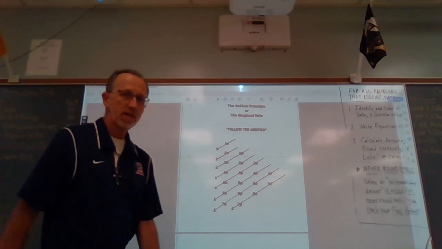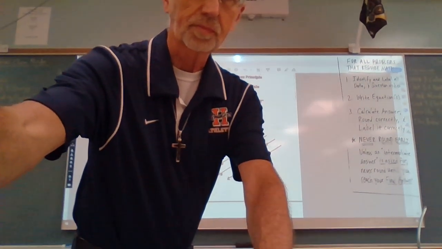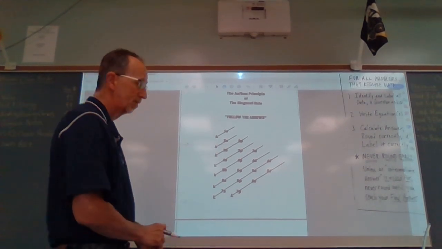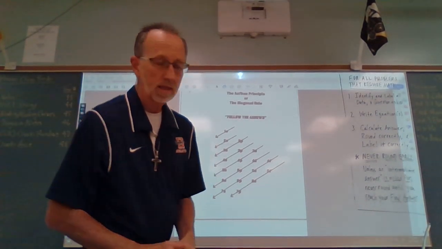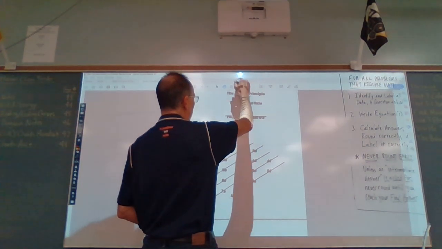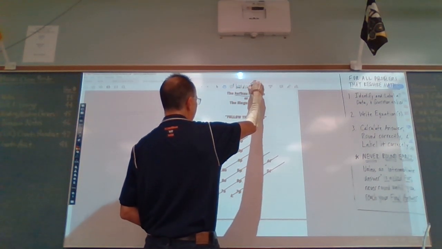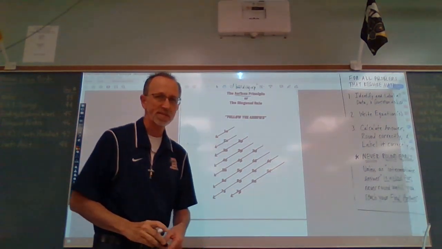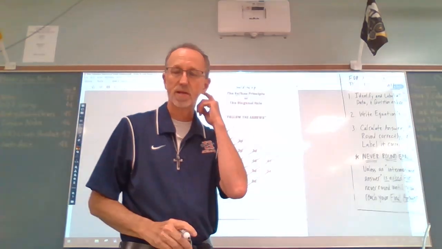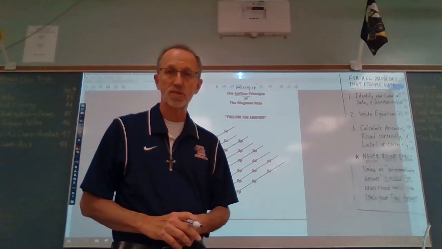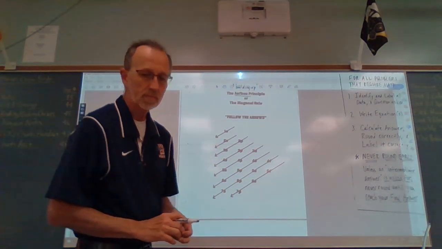So here's a much larger version of the diagonal rule, or the Aufbau principle. Aufbau is a German word that means building up. A lot of people think it's a name. It's not a person's name, but it comes from the German word for building up, which is basically what we're doing, building up the electrons in the orbitals.